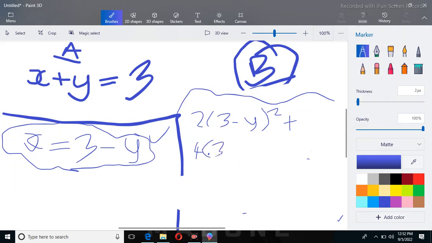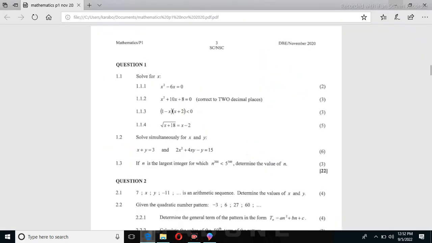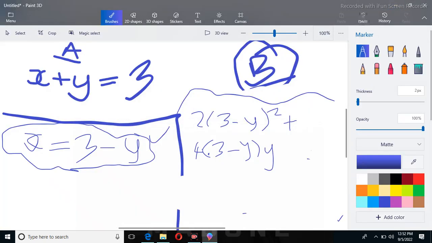So x is that battery that we were talking about earlier on. But then there's a y next to that x, so I must put that y there, right? And then it's minus y, which is equal to 15.